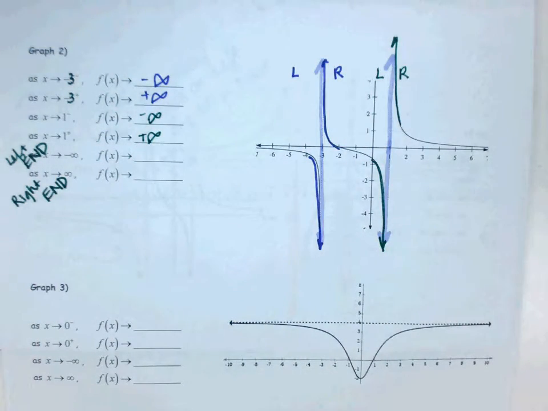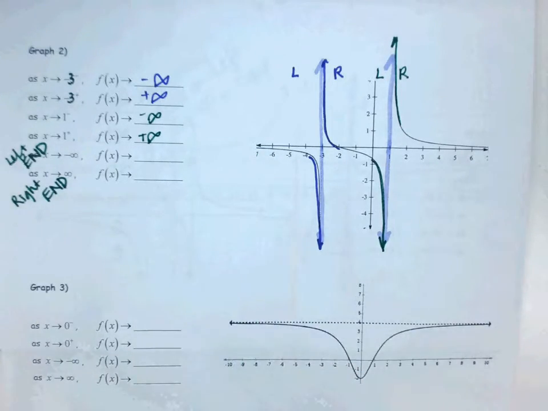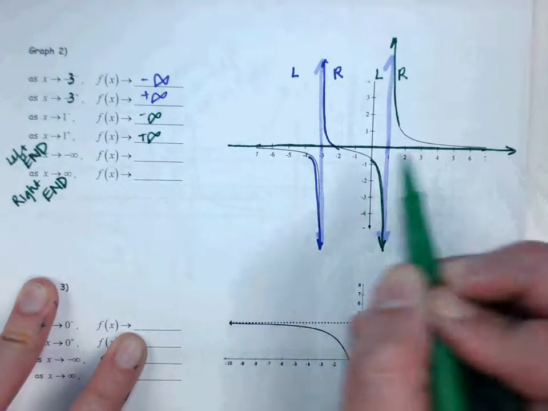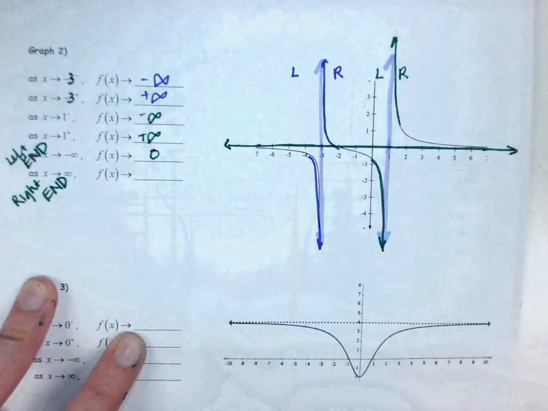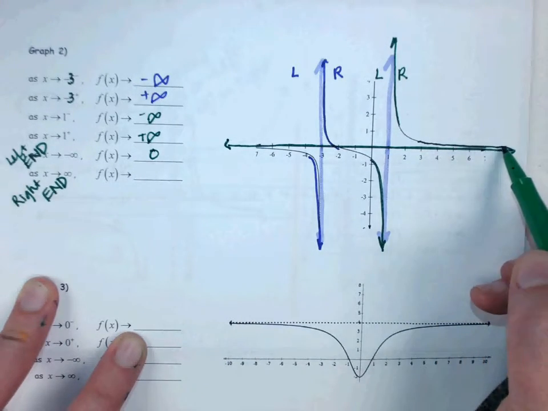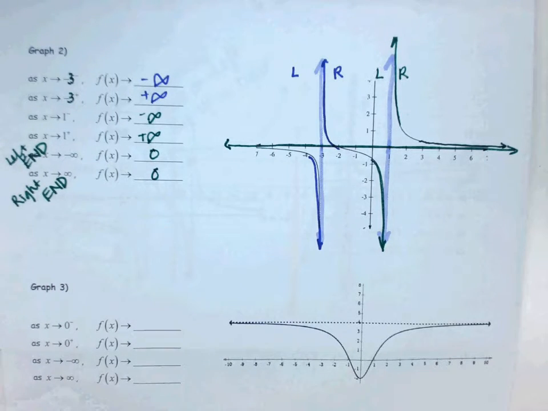Okay, now if you look really closely, what does it look like it's going to that it can never cross on the left side? 0. What is it going to over here on this side as it gets closer and closer? 0. How are you doing 0? Because you're giving the y value, so if it's the x-axis, that's 0. Right? Okay?